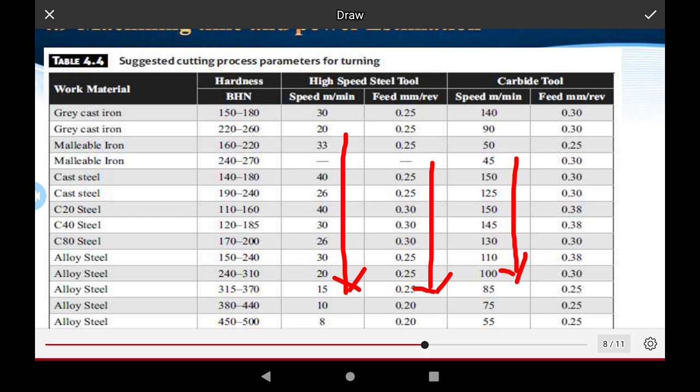And the feed rate is also fixed, and this increases with the variation of the feed rate for different materials and different tool materials, and the variation of the feed rate in per revolution, okay.